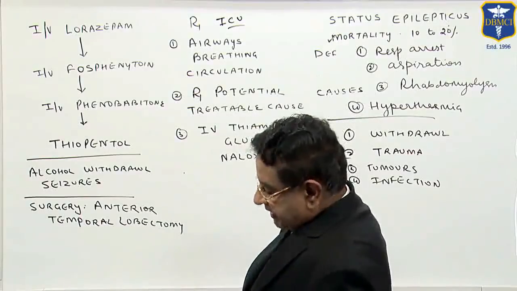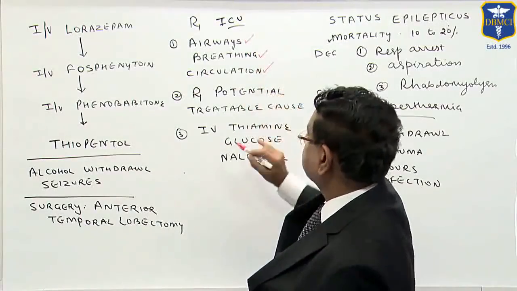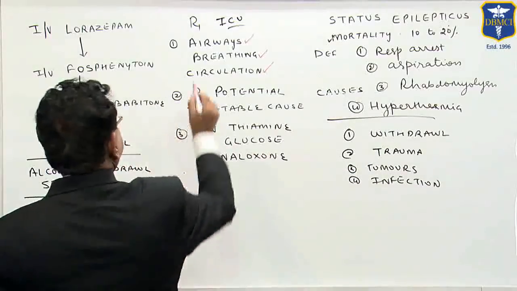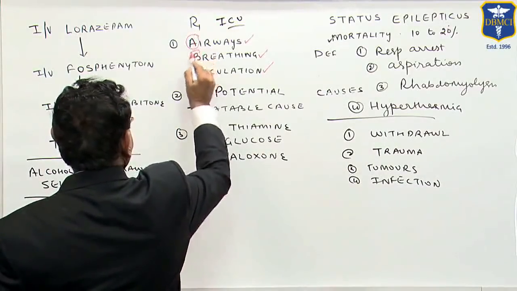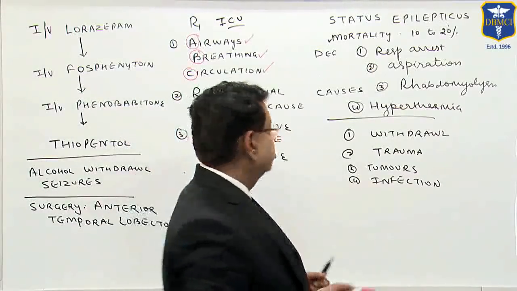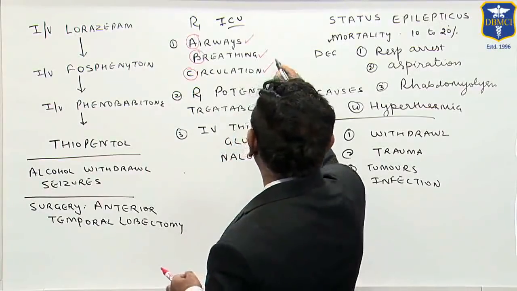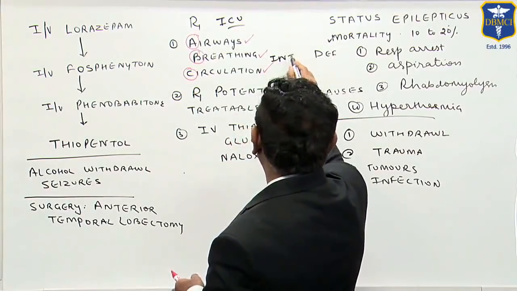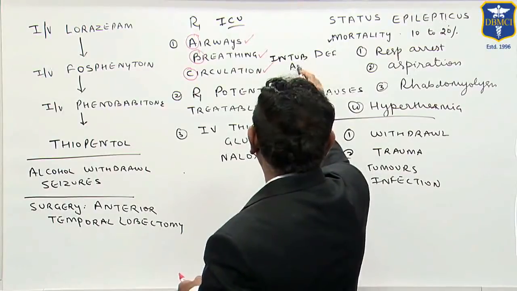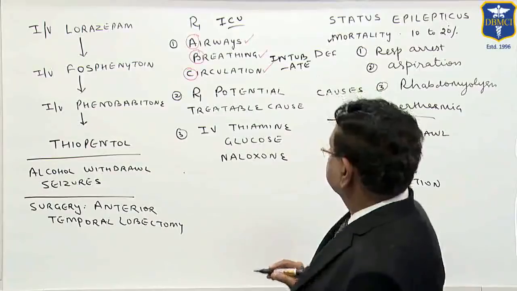First is to maintain the airway, breathing and circulation, so-called ABC. This is to be done first. Then you may even have to intubate the patient if necessary.